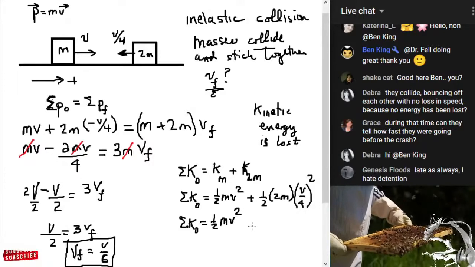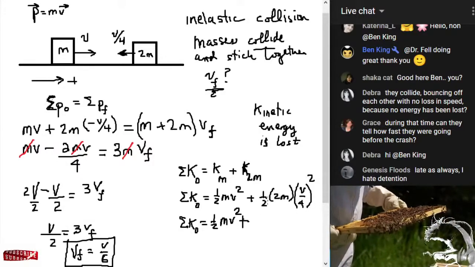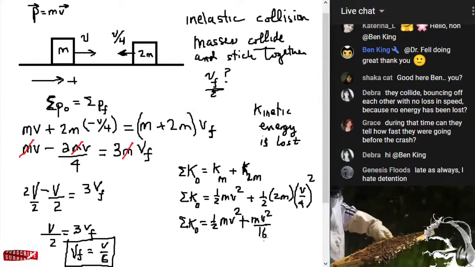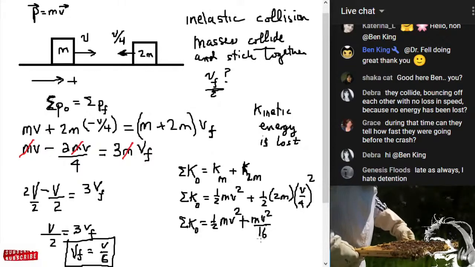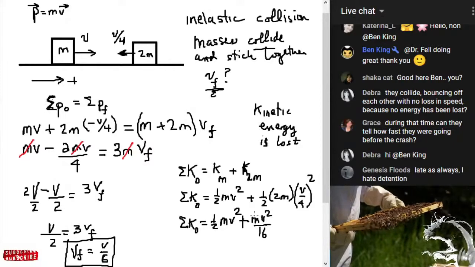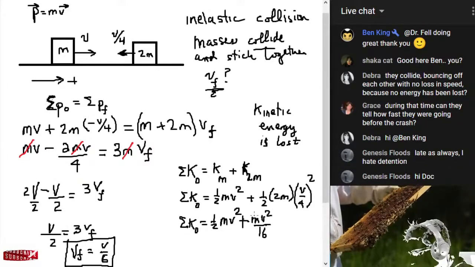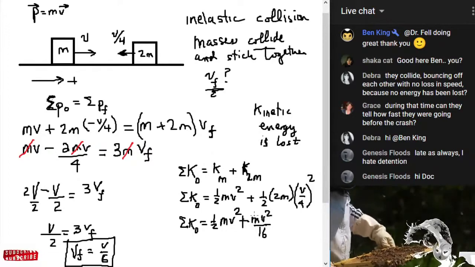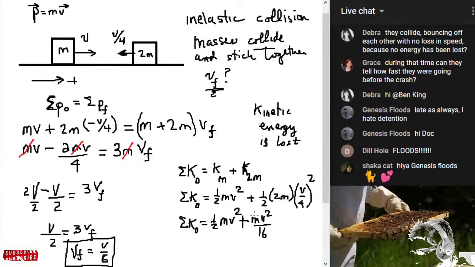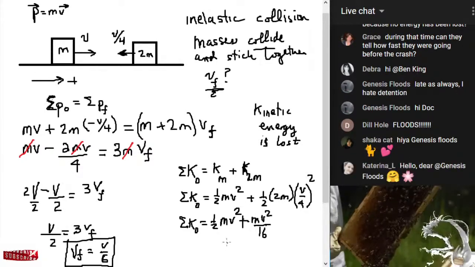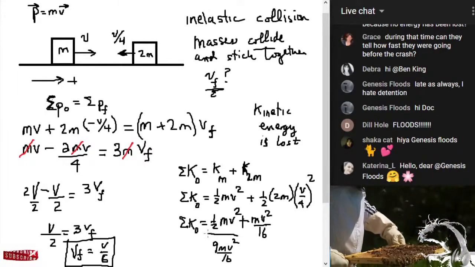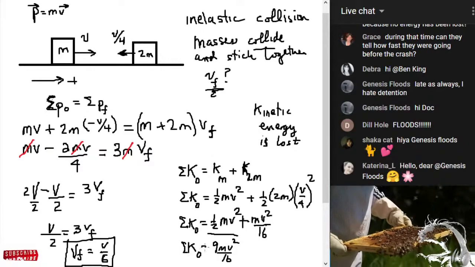Hello Genesis. The 2's cancel and we get mv squared over 16. So 1/2 plus 1/16. You've got to get a common denominator. I'm going to let the calculator do it. 1/2 plus 1/16, we get 9/16. We get 9 mv squared over 16. So that is the sum of the kinetic energy initial.